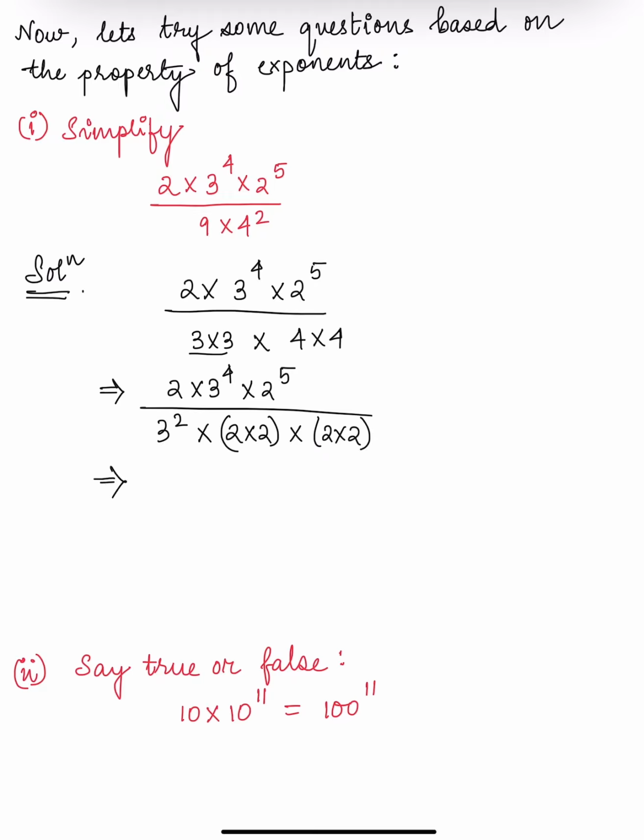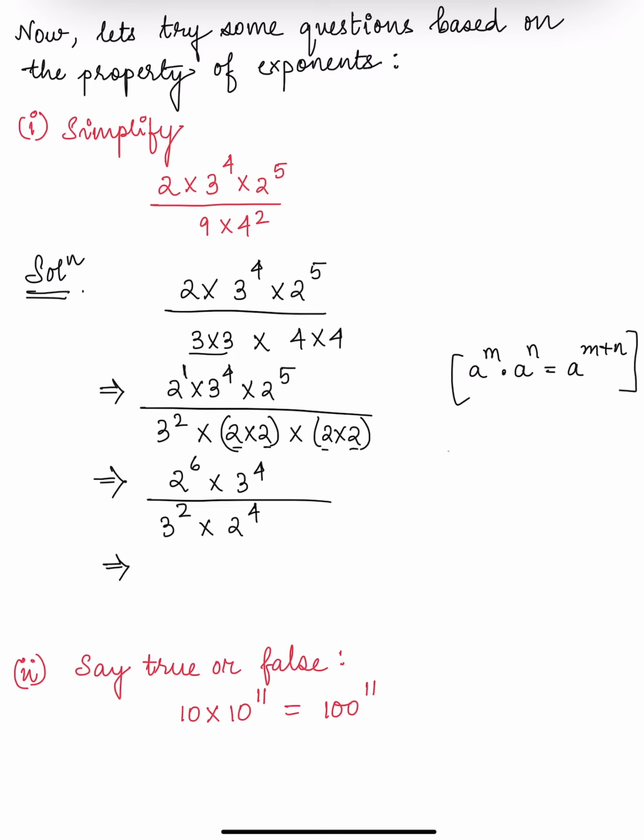Now we use the properties. So 2 to the power 1 into 2 to the power 5 will be 2 to the power 6, because a to the power m into a to the power n equal to a to the power m plus n, right? So 2 to the power 6 into 3 to the power 4 divided by 3 square into 2 to the power 4.